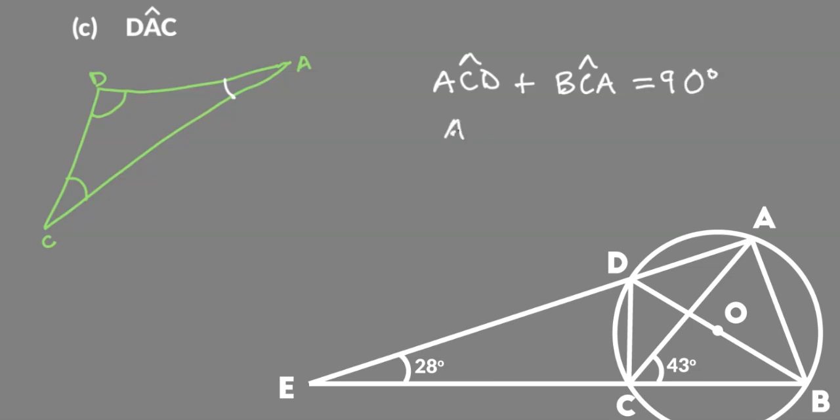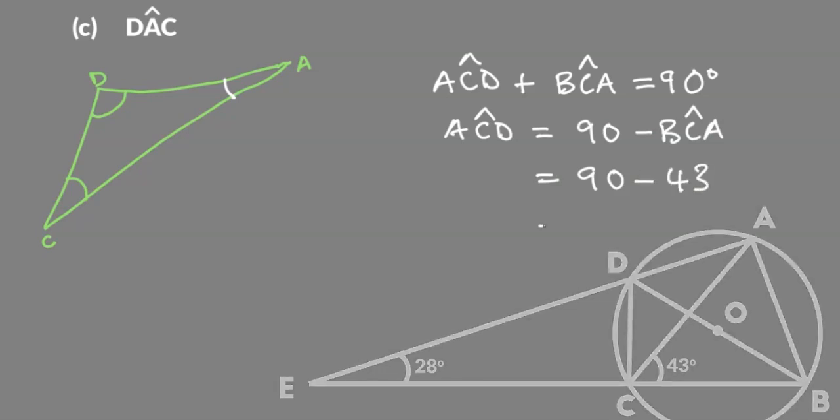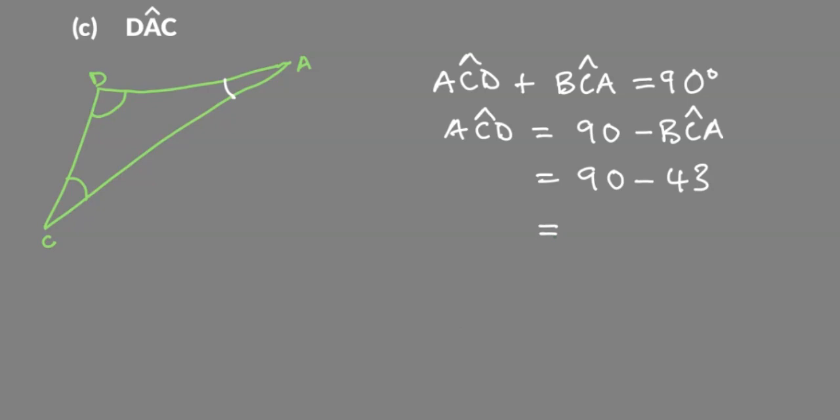So ACD, the angle that we want, is going to be equal to 90 minus BCA. BCA is 43. So we're going to be finding the difference between 90 and 43. If we calculate that difference, it should give us 47. So in this triangle of ours, the angle here is 47.